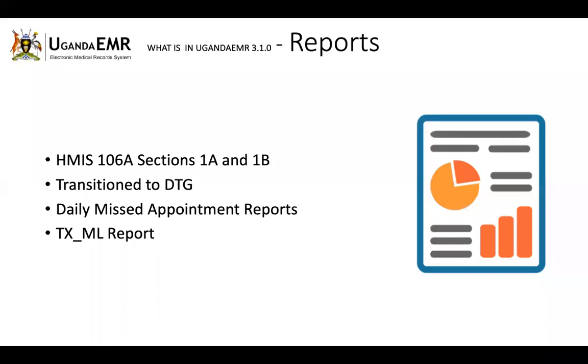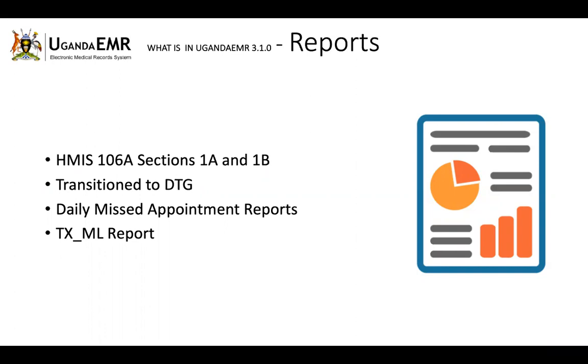We've also provided the daily missed appointments report. Now, this report is different from the missed appointment report that was previously there, because the other one looked at the 7 days. Now, people are asking that, for example, I have a clinic today, and at the end of the clinic, I want to know how many people have not turned up on that particular day, as compared to waiting for a period of 7 days after the missed appointment.